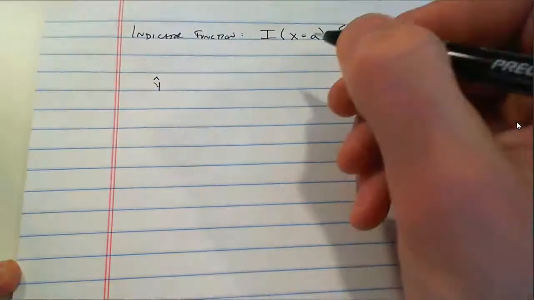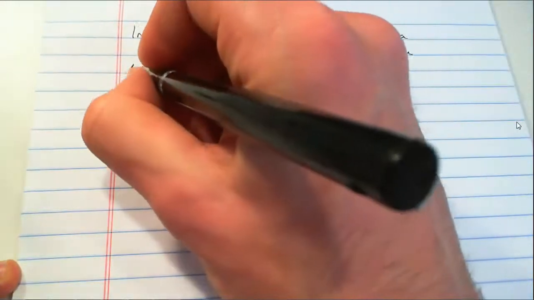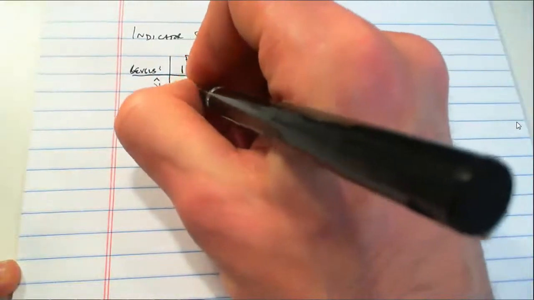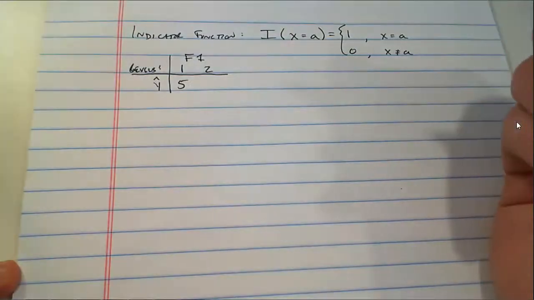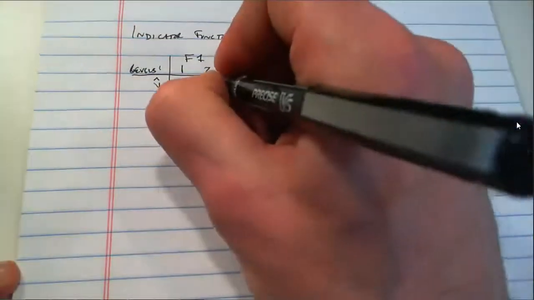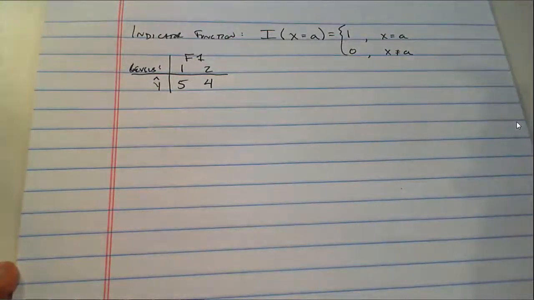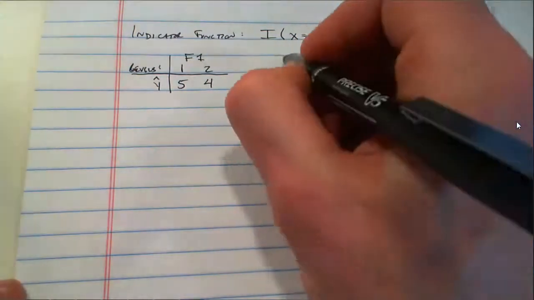Let's make the case where we've got yi, or y hat, and we've got different groups. So how about levels of factor 1? So factor 1 can take level 1 or level 2, making a little table. And the mean for the first group will be 5, and the mean for the second group will be 4. So I'm going to draw this picture now.